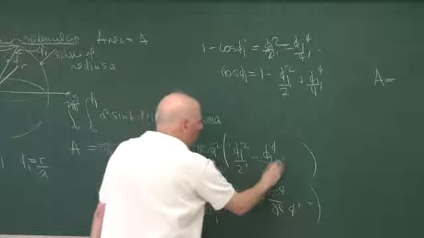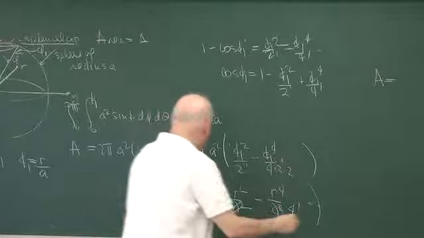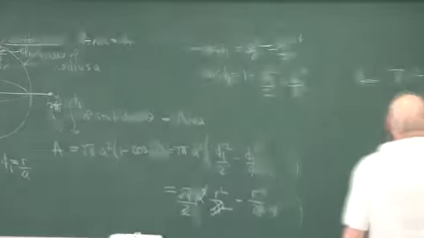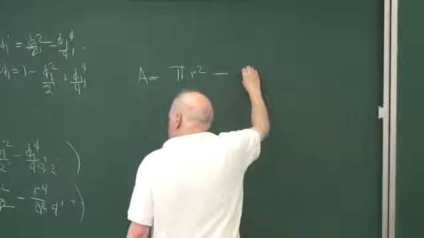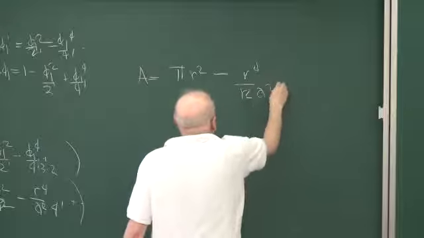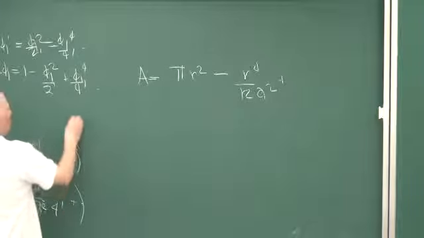Let's just check what the right term is. So there should have been 4 factorial, which is 4 times 3 times 2. When it multiplies 2, it's 12. So whatever the next term is, it's pi r squared, and then the next one is r to the 4th over 12 with an a squared downstairs. Okay, so the area of the polar cap, to leading order, is those first 2 terms. But what was the Gauss curvature of the sphere?